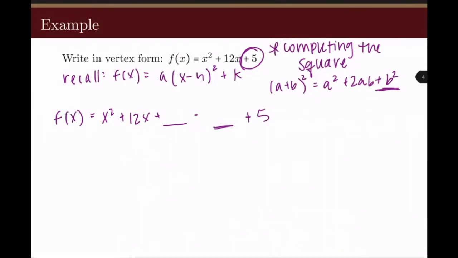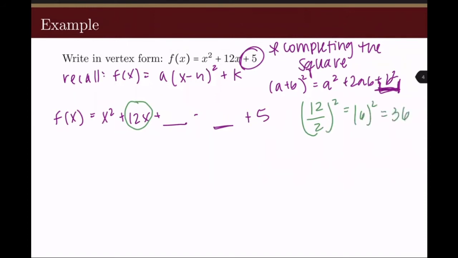So the strategy in finding this b squared right here is we're going to take our middle term, which is 12x, and we're going to take the 12, and you're going to do 12 divided by 2 squared. So 12 divided by 2 is 6, and 6 squared is 36. So we want to add 36 and at the same time subtract 36, because that means we're just adding 0 to our problem, since 36 minus 36 is 0.